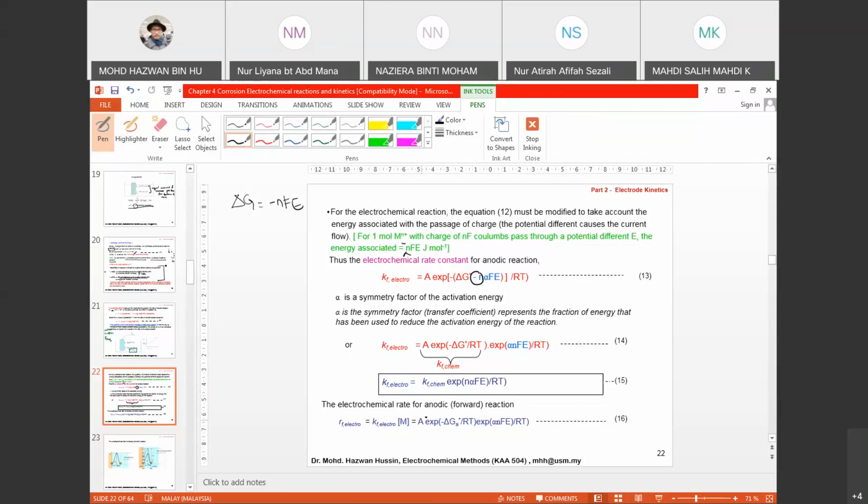So the electrochemical rate for the anodic reaction becomes A exponent minus delta G asterisk over RT, exponent alpha nFE over RT.